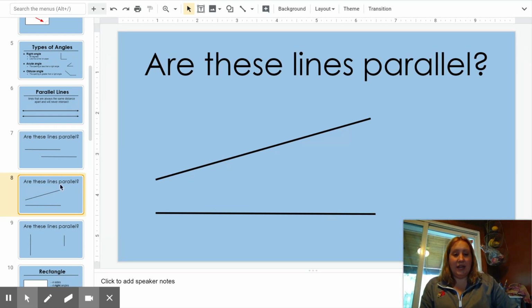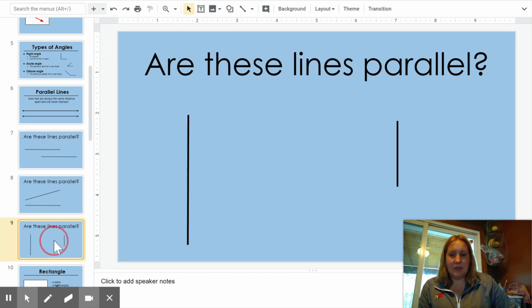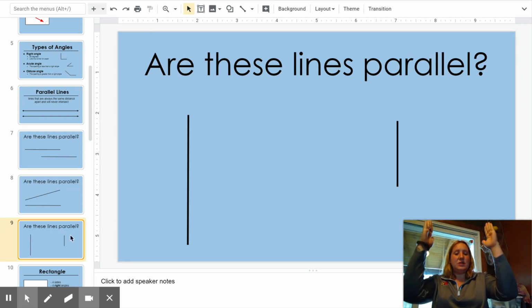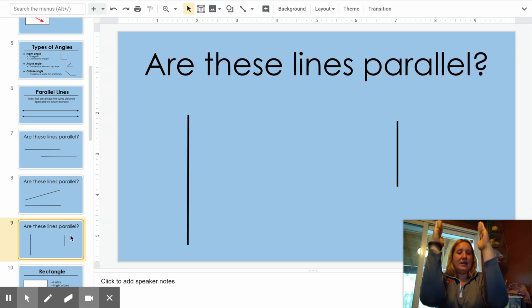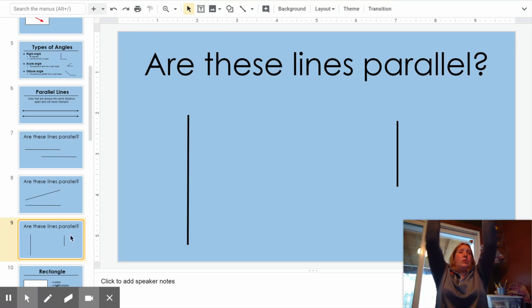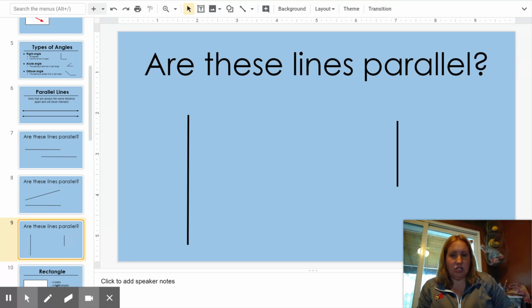Eventually they would intersect, which means they are not parallel lines. And how about this pair? If you said they are parallel, you're correct again. Those lines, even though they go up and down, even if they kept going and going, they're like railroad tracks, they would never touch each other.